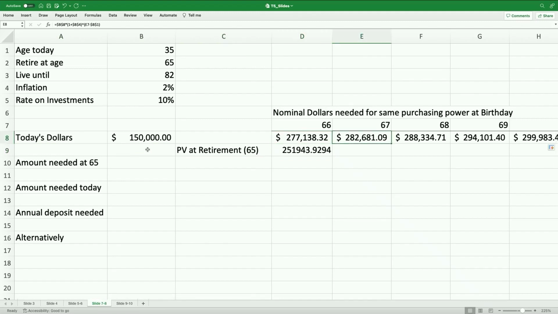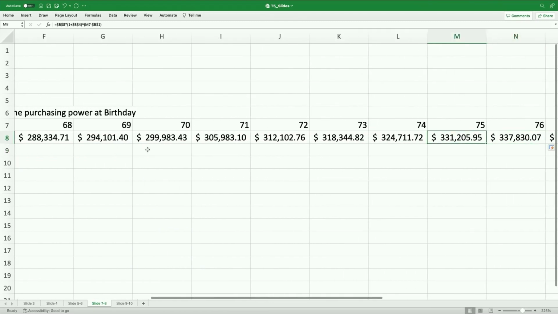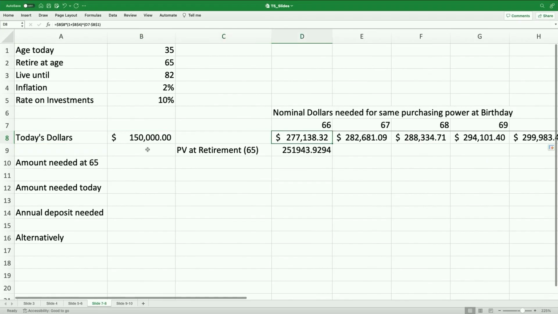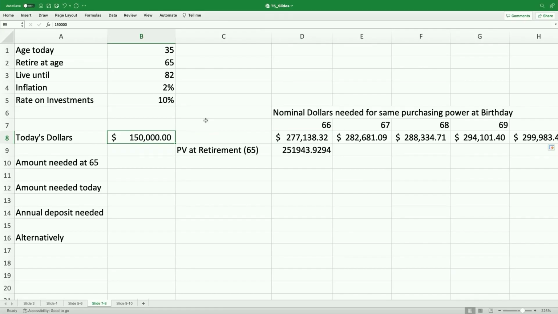This is that nominal stream that the question is asking for in part A. This is the stream of nominal cash flows that would let me buy as much stuff as if I had $150,000 today. It gives me the same amount of purchasing power. Make sense? So this is the nominal stream.